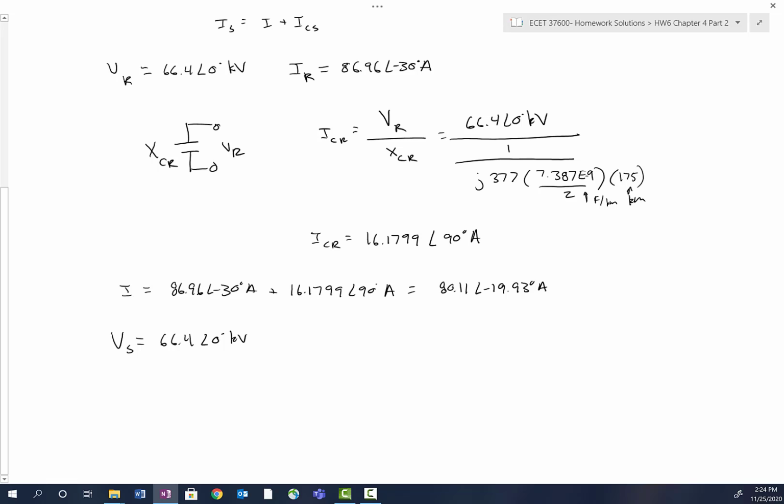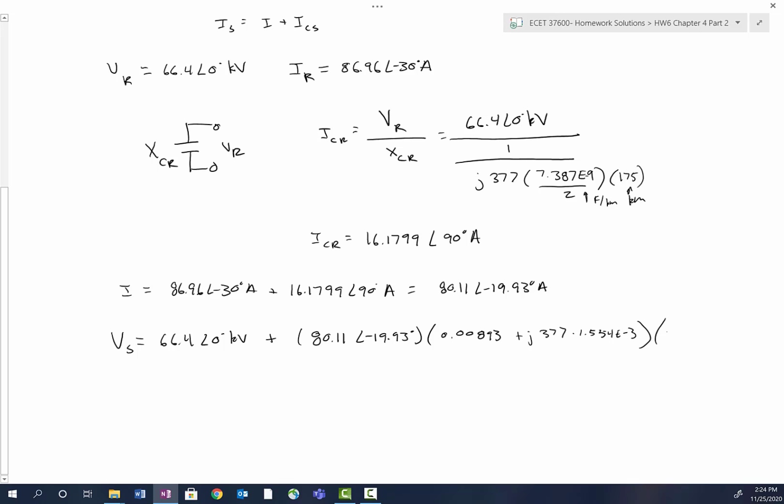That's the load end voltage plus the voltage drop across the line, which is the product of the series current and the series impedance. Problem number 1 told us that the resistance was 0.00893 ohms per kilometer plus j 377 times 1.554 millihenries.